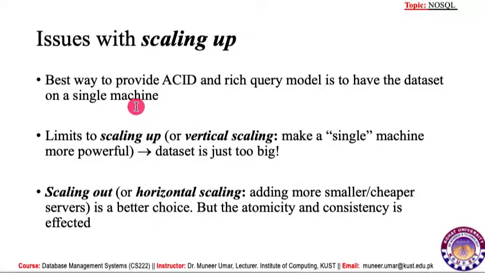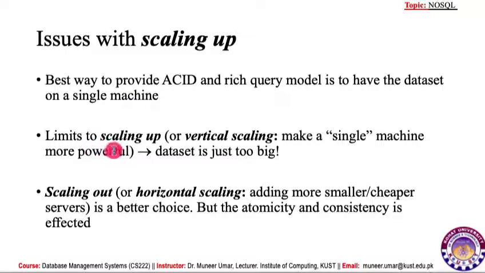So the best way to provide ACID properties and a rich query model is to have the dataset on a single machine, which was suitable for RDBMS in the previous slide, and that was about scaling up.